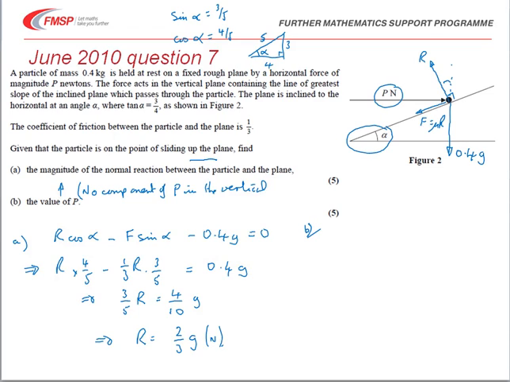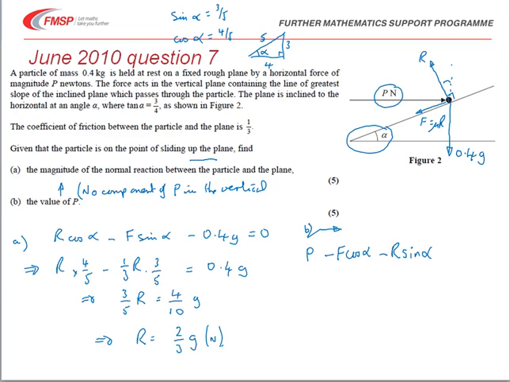Okay, in part B of the question we're going to do a similar thing, this time resolving forces horizontally. So looking at the horizontal forces, P acting from left to right, the component of F, which is F cos alpha, is acting from right to left, so minus F cos alpha. And then also there's the component of R, which is R sine alpha.